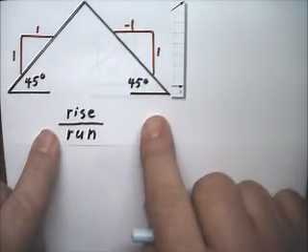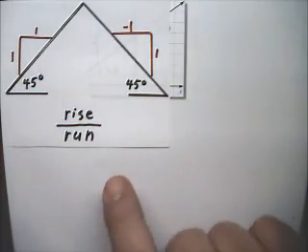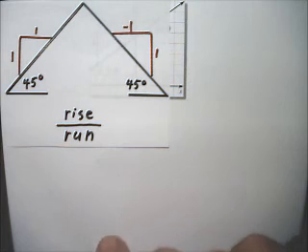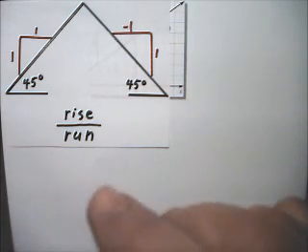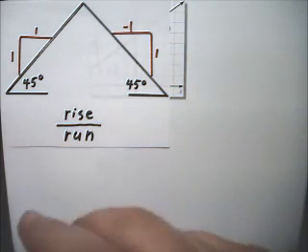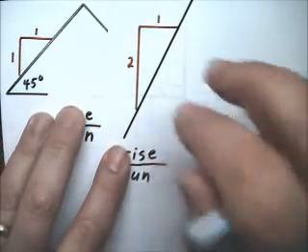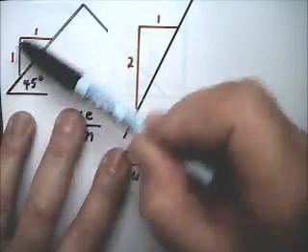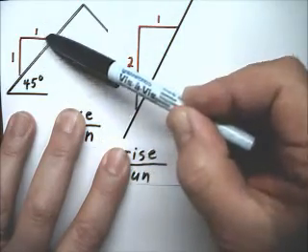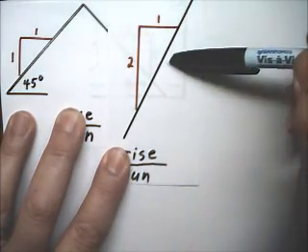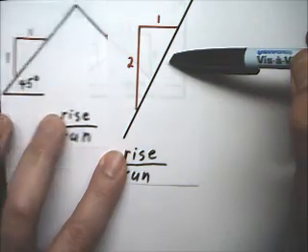So if the slantiness of the line changes, the slope changes. And here's a line that's steeper. So this line goes up one and to the right one. So a steeper line has a bigger slope.